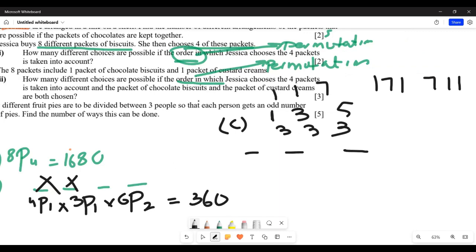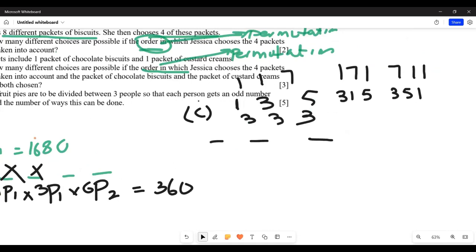Similarly, it could be 315 or 351. 333 will remain as it is. Could be 135 or 315 or 531, and there are more of these.